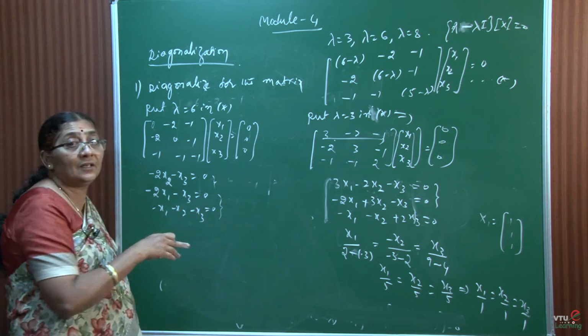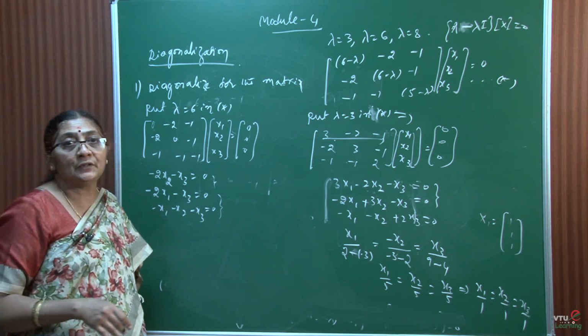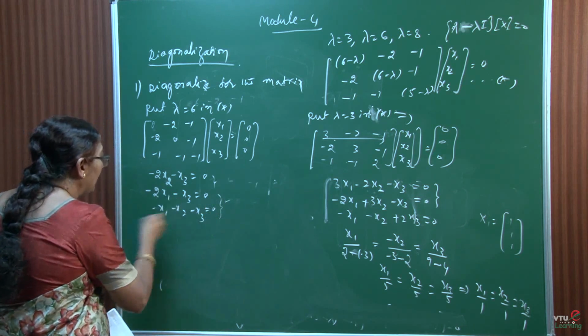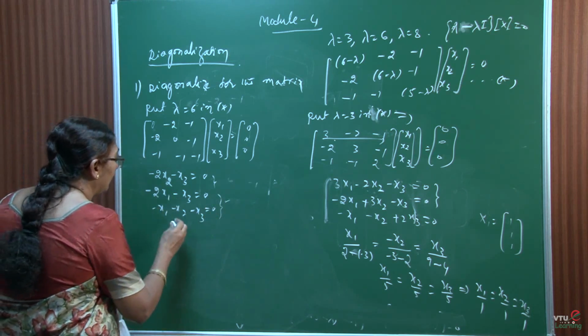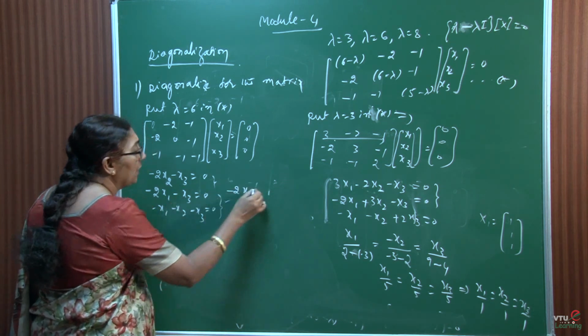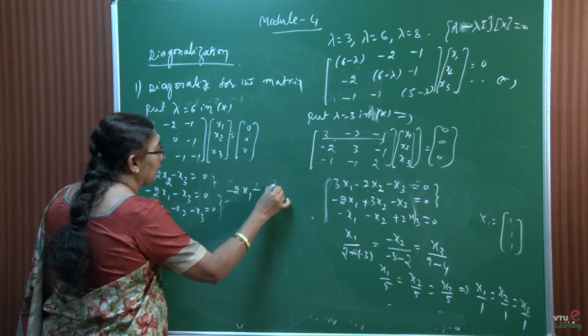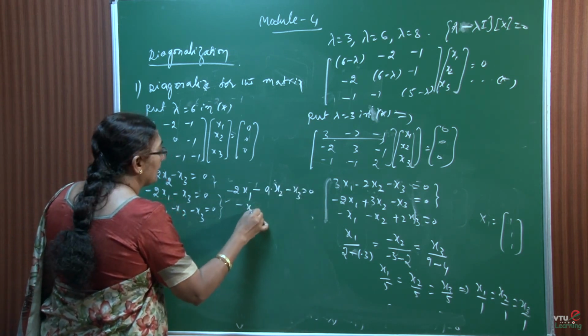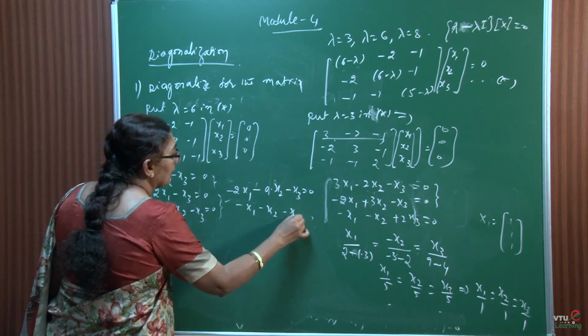Why? Because the last equation involves all three, x1, x2, x3. Now I choose these two, B and C. While taking B and C, which term is 0? In the first, the x2 term is 0. Therefore, I will write 0 into x2 minus x3 equal to 0, and next minus x1 minus x2 minus x3 equal to 0.